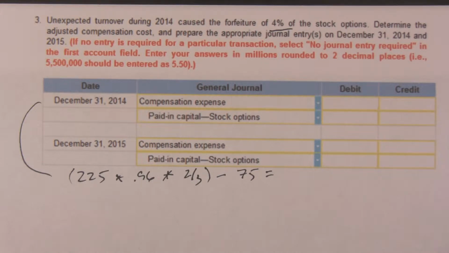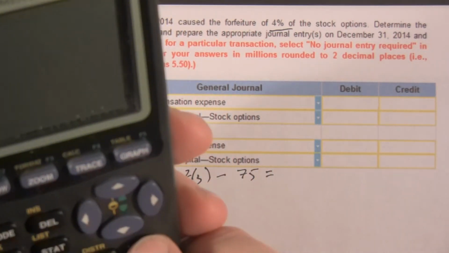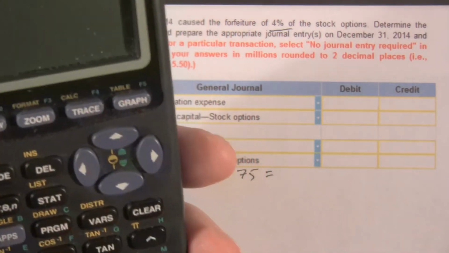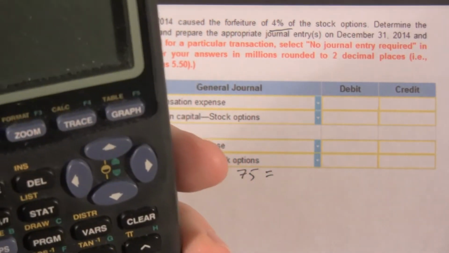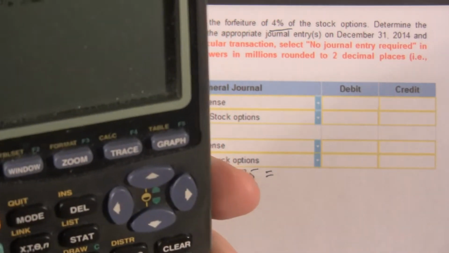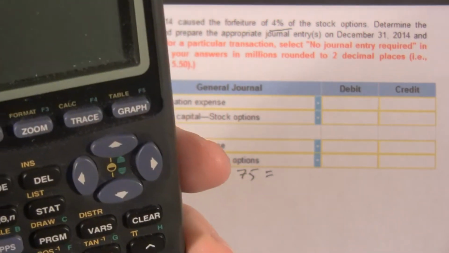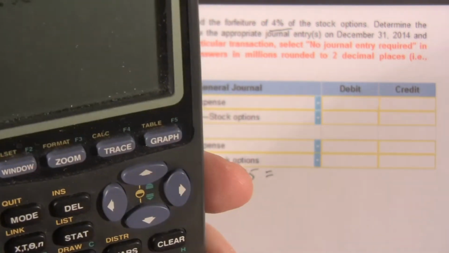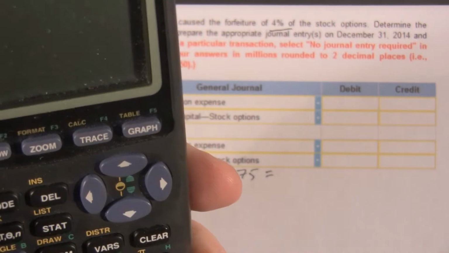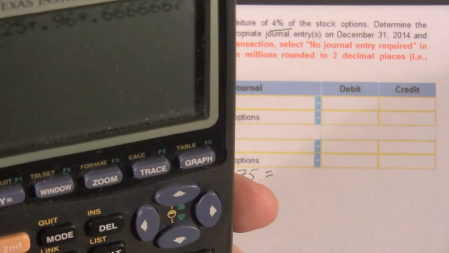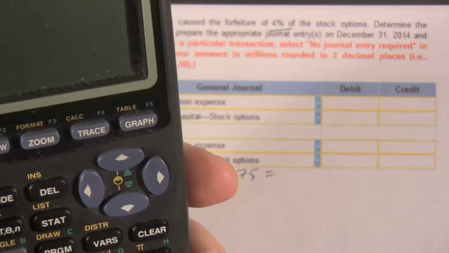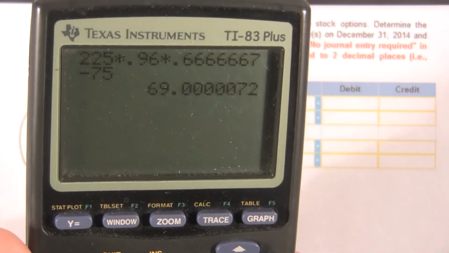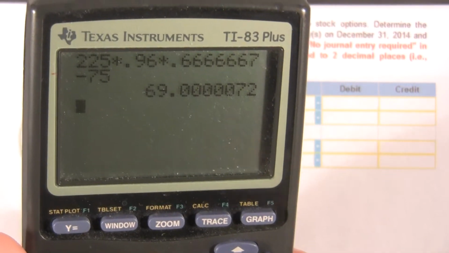So we have 225 times 0.96 times 2/3, minus the 75 that we recognized last year because we want to see how much is left. So this year we're going to pick up 69 million.